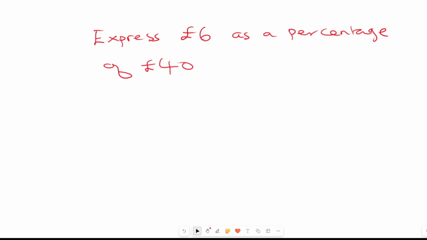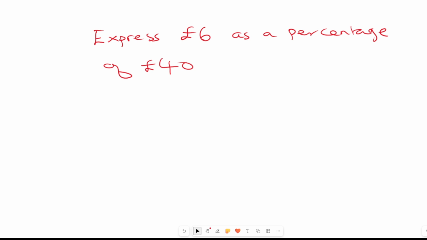Maybe you are four friends and you went to do something and you got £40. And then your friends decided that your share of the £40 is 6 pounds. Then you come home and you are explaining it to your parents and you want to tell them what percentage of the money that you and your friends got came to you.